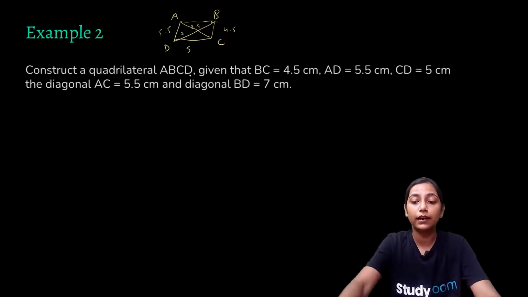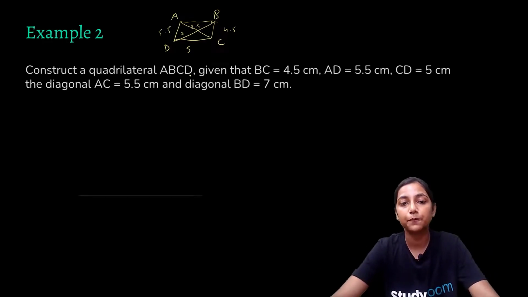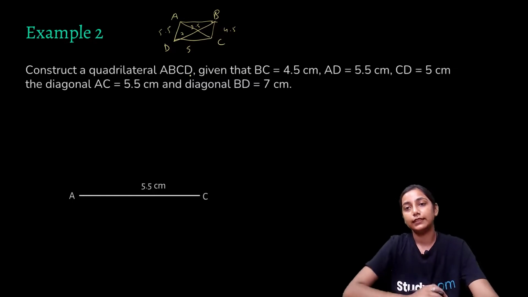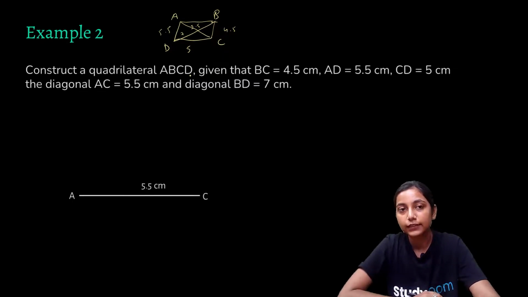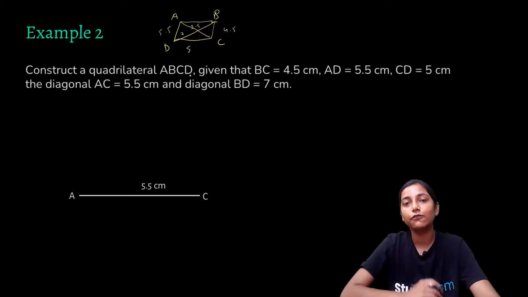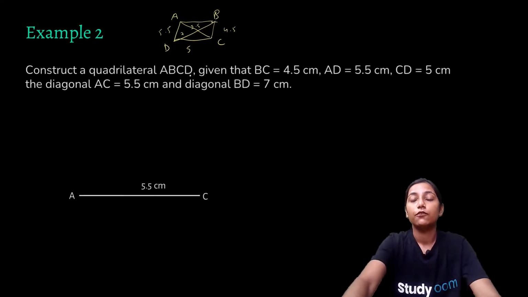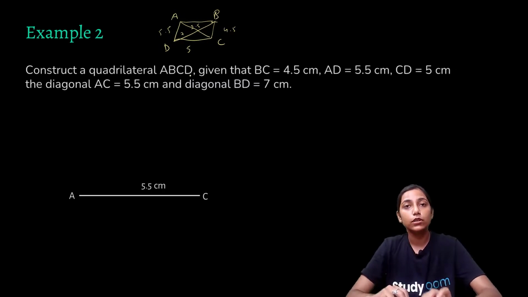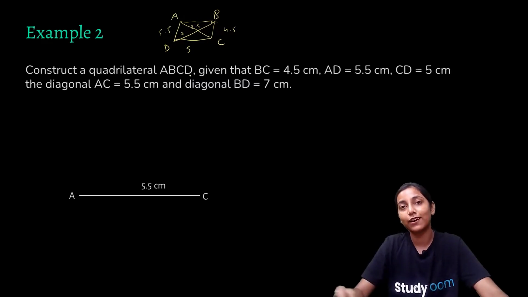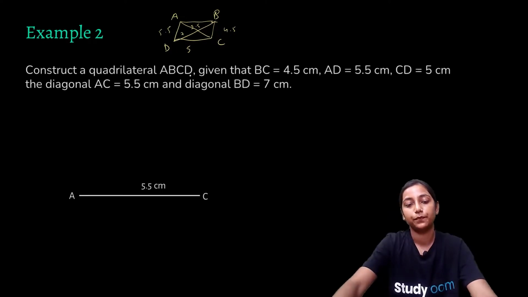Now we'll begin again, just like the previous example. We are given AC. Starting from AC, the diagonal that is given to us, AC diagonal is of 5.5 centimeter. Use a ruler to draw this line segment AC of 5.5 centimeter.